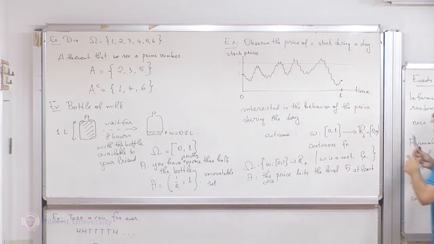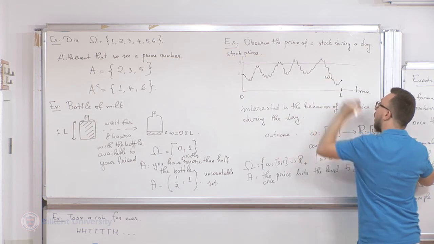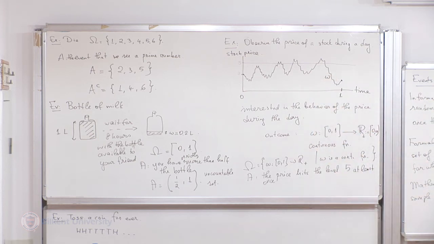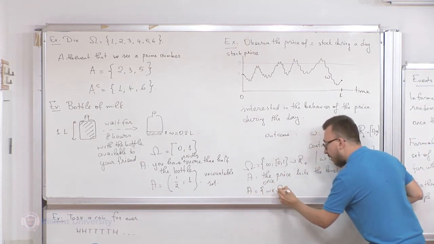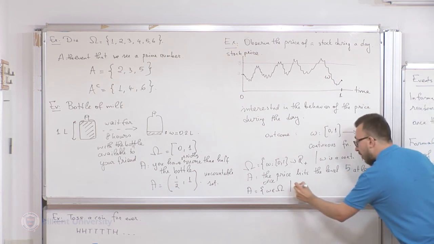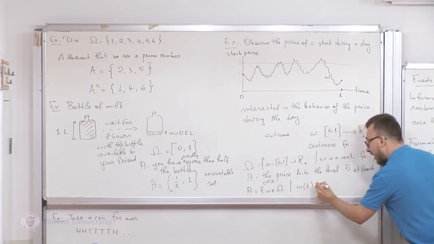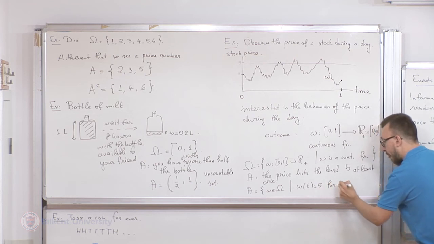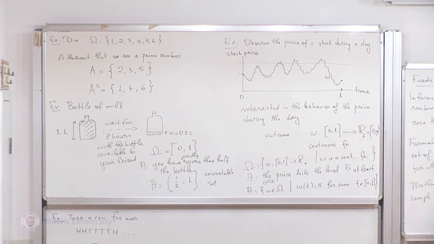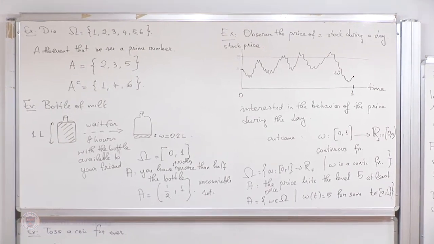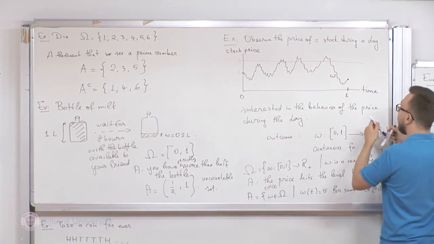For this particular omega, it really hits 5, even multiple times. So omega is an element of A, right? But if I need to write down A mathematically, I should write: omega in Omega such that omega(t) is 5 for some t between 0 and 1. At least one t. And in this picture, omega is in A.